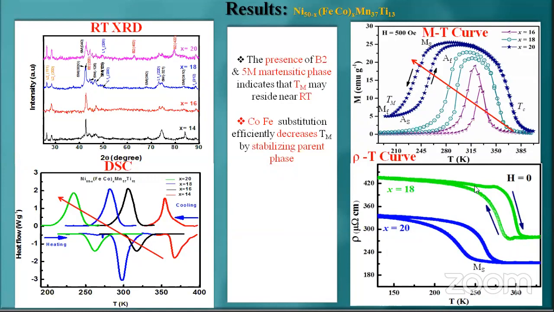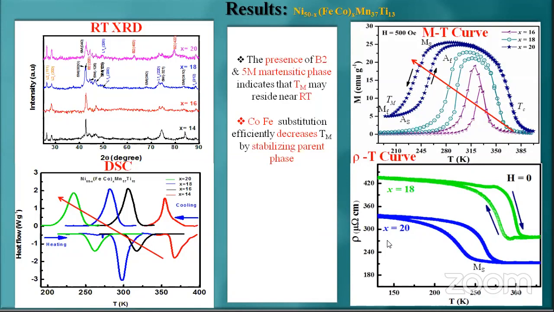And the resistivity in the martensitic phase is around 1.5 times larger than the parent phase. That means the lattice distortion in the martensitic phase is more disordered than the parent phase, and on the other hand, with increasing iron and cobalt content, the resistivity decreases. That means iron and cobalt weaken the lattice distortion.